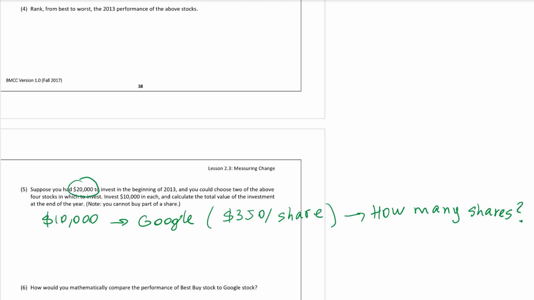All right, let's review. To find out how many shares, you're going to take $10,000 and you're going to divide it by 350 per one share, and that will give you the number of shares. And that number would be 10,000 divided by 350. So that gives us 28.57 shares.